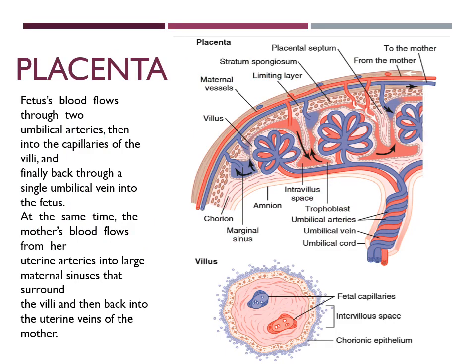Placenta is the primary source of nutrients and gases for the developing fetus beginning at the 8th week of gestation.